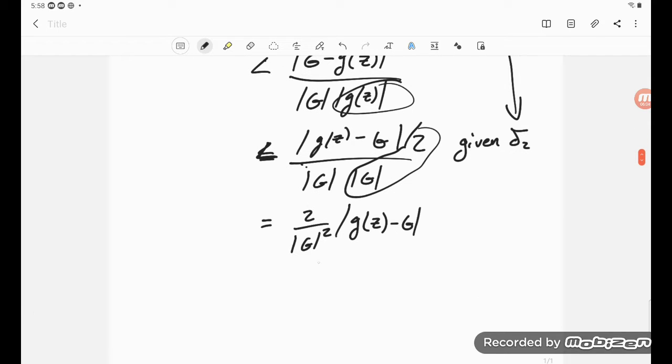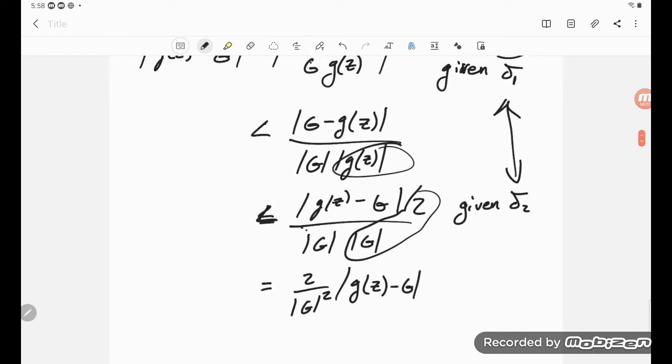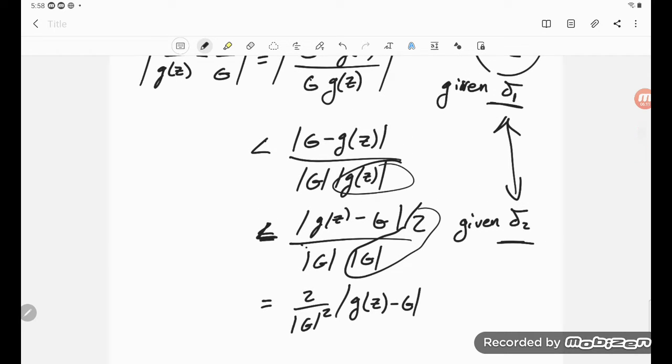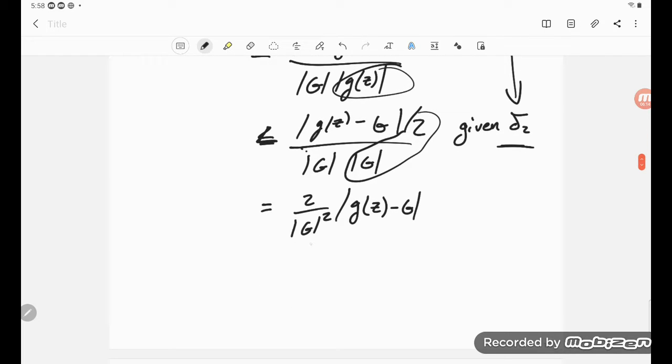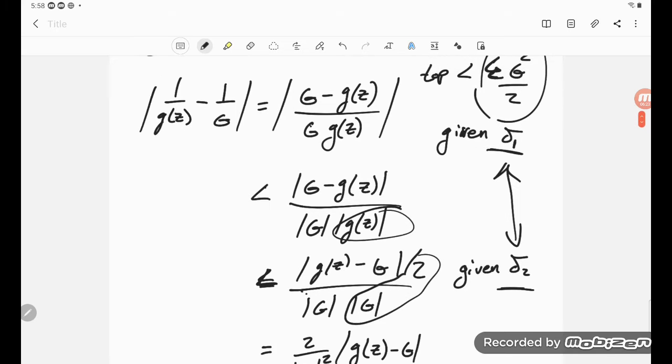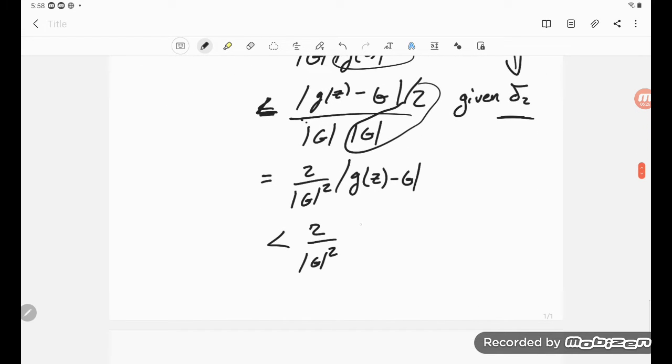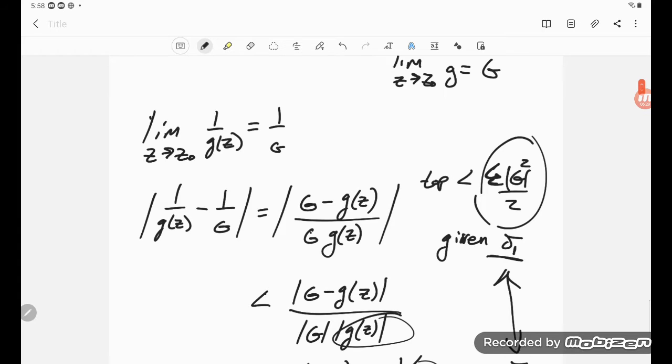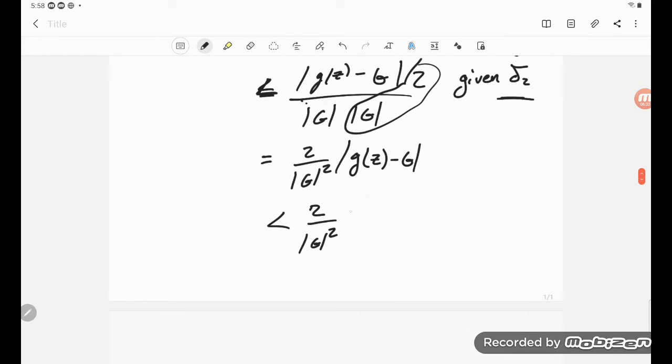And so then, as long as I pick the smaller of these two when faced with that, then this is less than 2 over big G squared, and then I'll use my epsilon that I had up here, which was, and I didn't have absolute values on that, my epsilon times big G squared over 2, okay, and this is delta equal the minimum of delta 1 and delta 2.